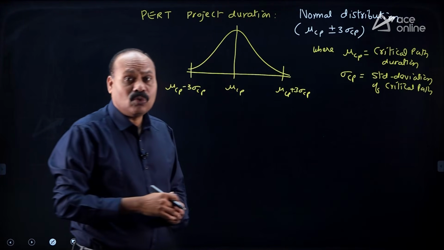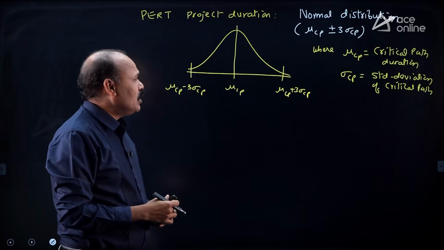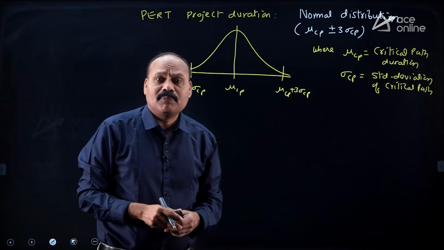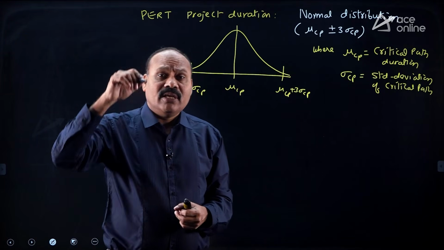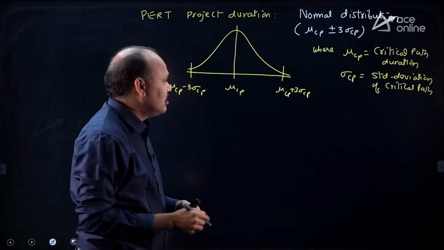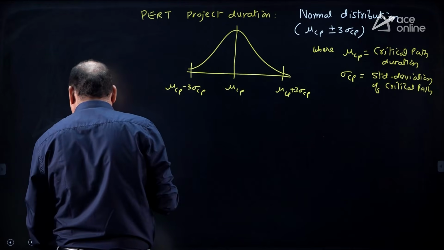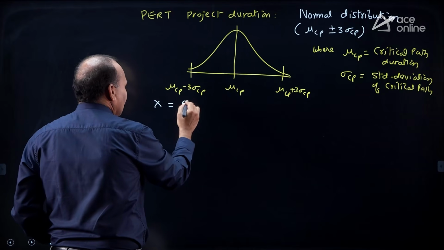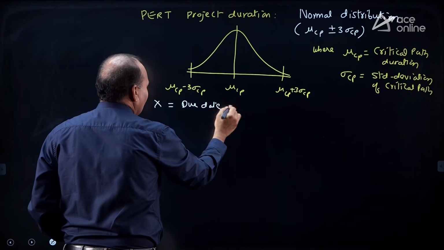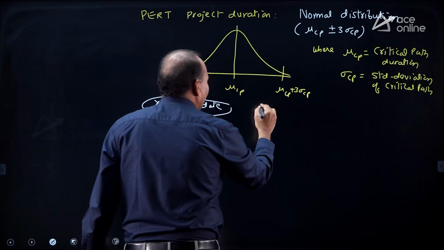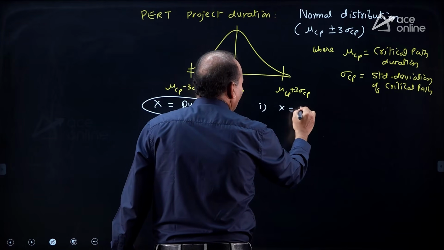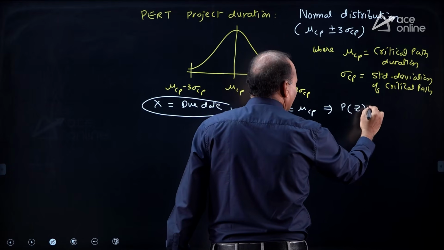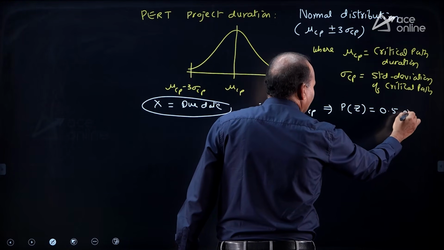Okay, in examination, if the question is, what is the probability of completing the project in a given due date x? X is given to you. Suppose x is the due date. If x value is equal to mu, then probability of completion is equal to 0.5 or 50%.